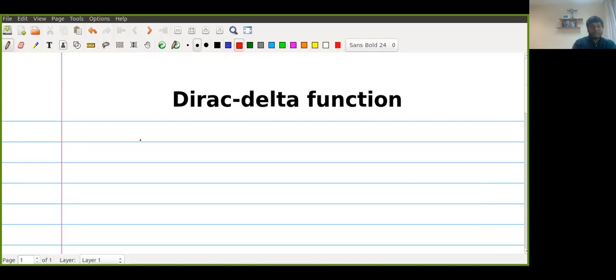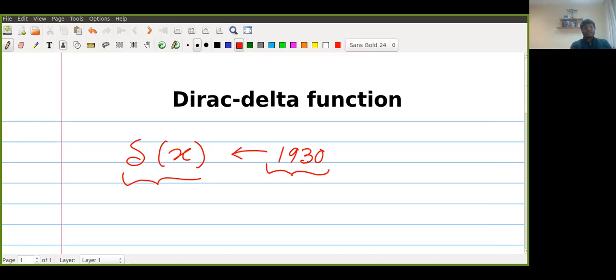So we consider delta of x. This is what we call the Dirac delta function. In the year 1930, Paul Dirac introduced this function when he formalized quantum mechanics.